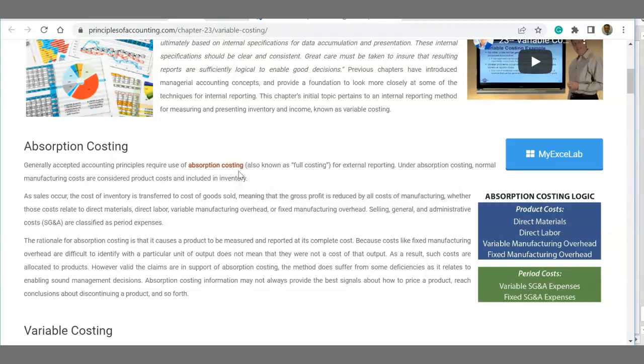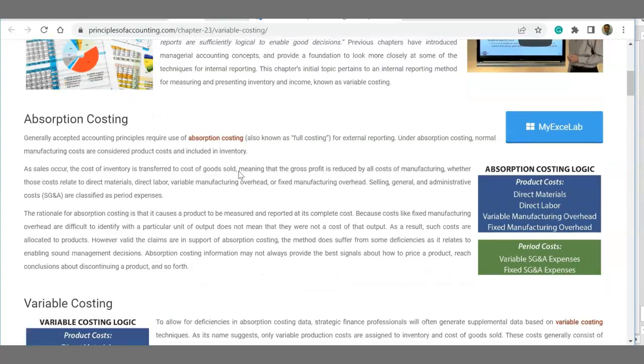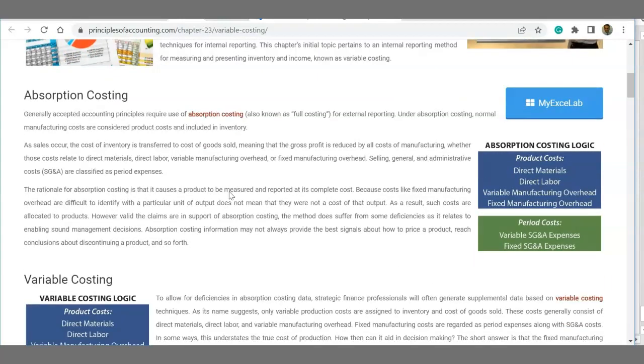However, we have another way to talk about costing and providing financial statements, which is variable costing. So in absorption costing, the product cost includes direct material, direct labor, and overhead. The overhead is the combined overhead, which is partially variable overhead and fixed overhead.